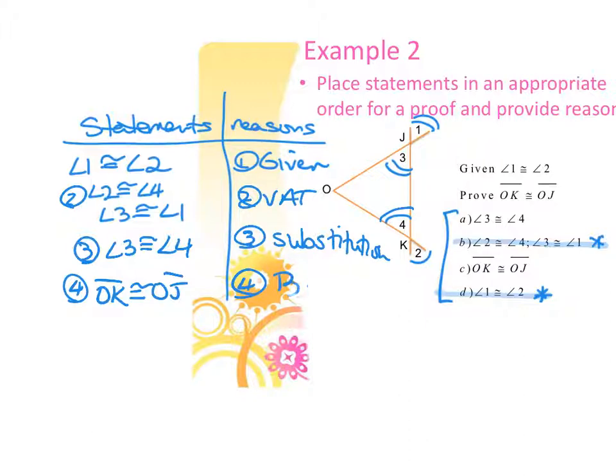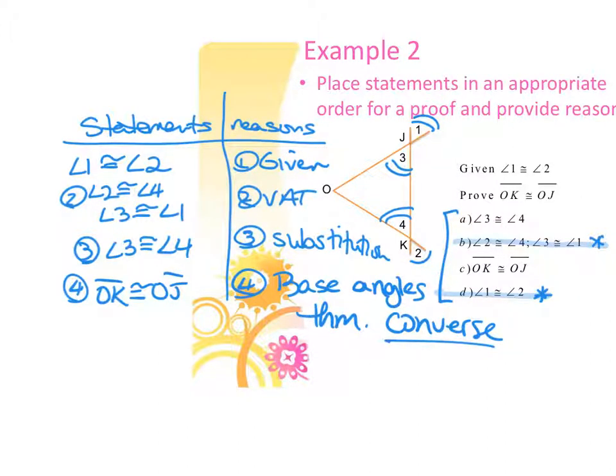And this is by my base angles theorem converse. You can also state it as the converse of the base angles theorem, just as long as you get the word converse in there and base angles. So that would be that proof.